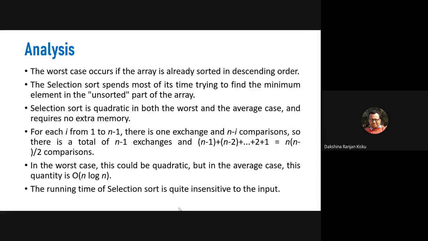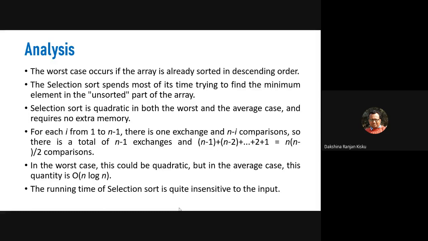Now we will see the analysis, the time complexity for worst case, best case, and average case. As I said, the worst case occurs if the array is in descending order. Selection sort spends most of its time trying to find the minimum element in the unsorted part of the array.